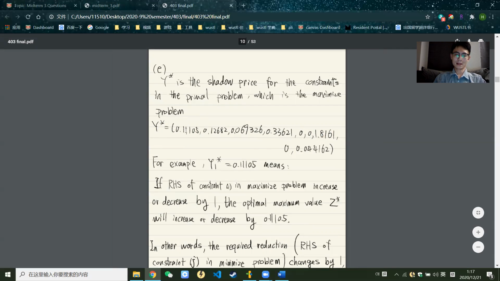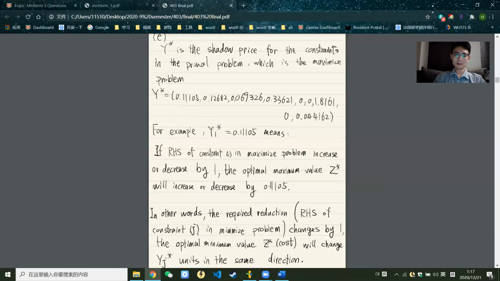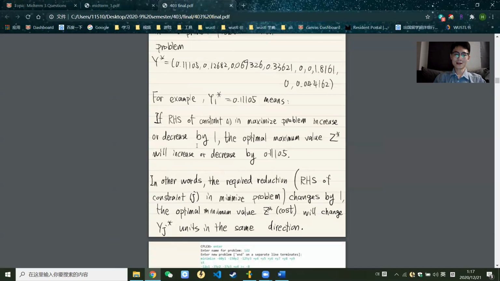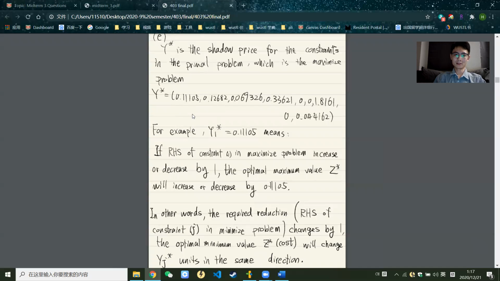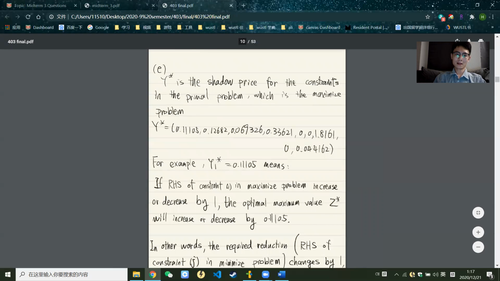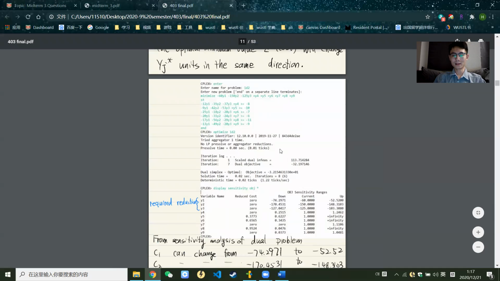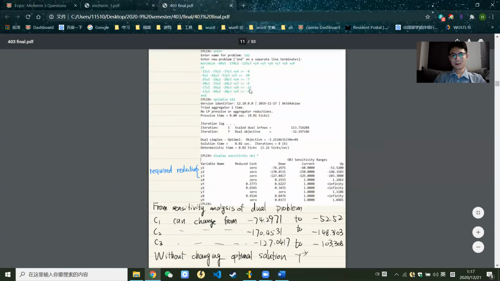So it will make the objective function increase by yj. For example, if we increase the first constraint's right-hand side by 1 unit, the objective function will increase by 0.11105 units. And I implemented it in the console.